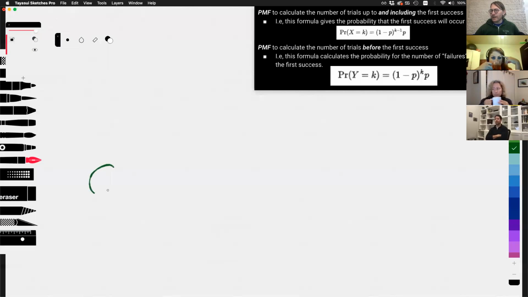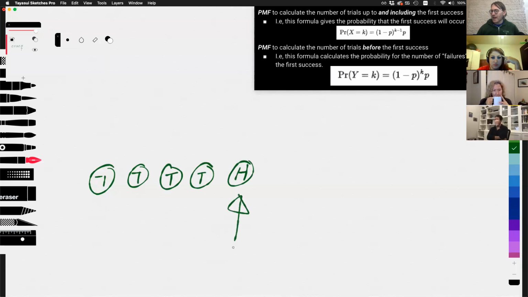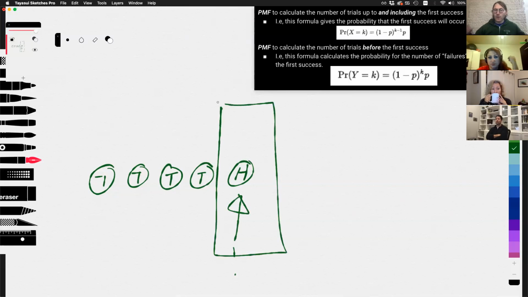It means that you're going to get tails, tails, tails, tails, and then heads. And here, right, this is our first success. Like, wow, there's our first success. So we never really consider more than one success in a geometric distribution. We only consider the first success.